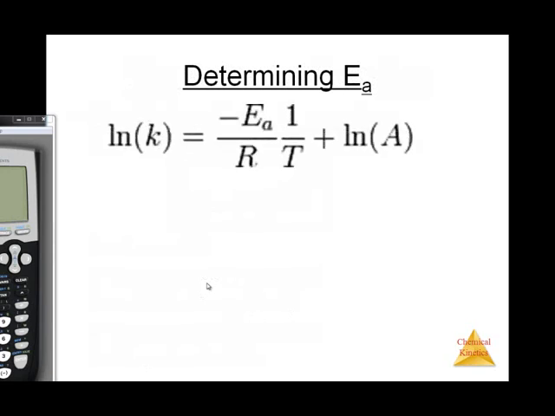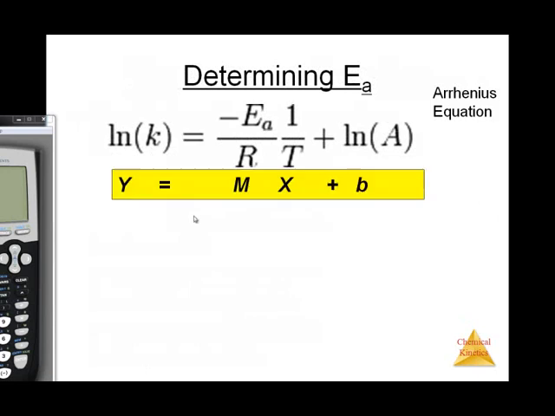Now most of the time when we determine the activation energy, we actually rearrange the equation and use this, and this actually shows up on your equation sheet that you will have on the AP exam. Again, this is also called the Arrhenius equation.